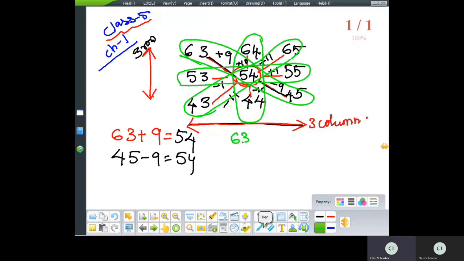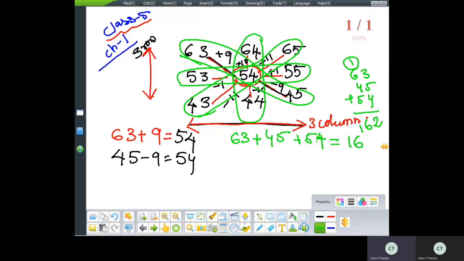So 63 plus 45 plus 54. How much? Do the addition part. 63, 45, 54. So how much, children? 5 plus 4, 9. 9 plus 3, 12. 2, 1 carry. 6 plus 1, 7. 7 plus 4, 11. 11 plus 5 is 16. 162.